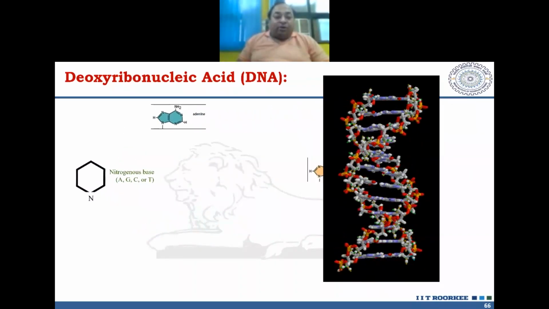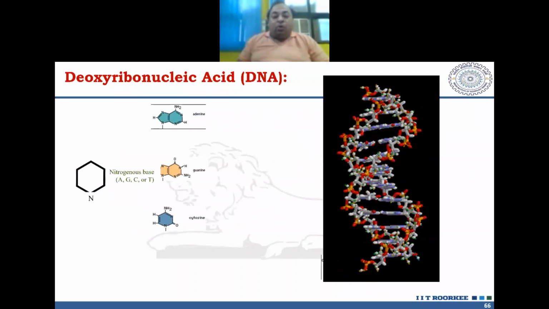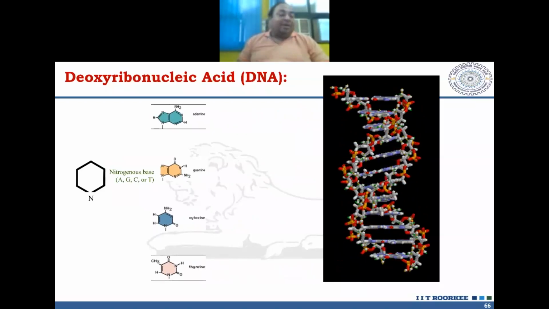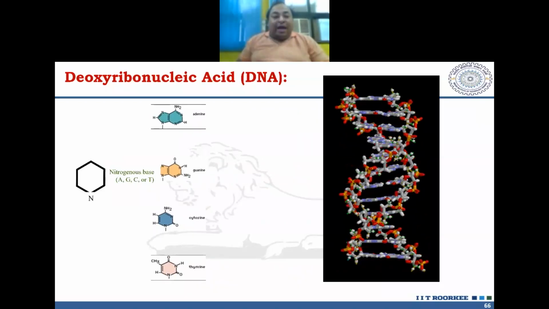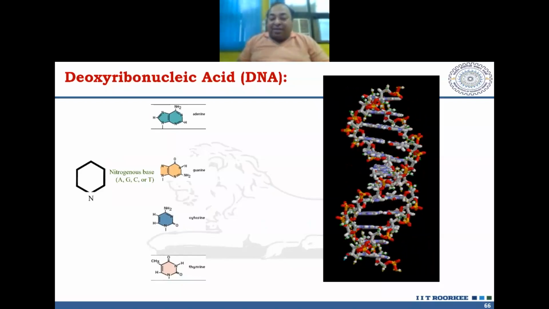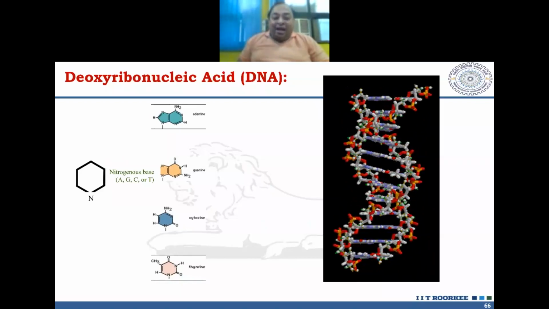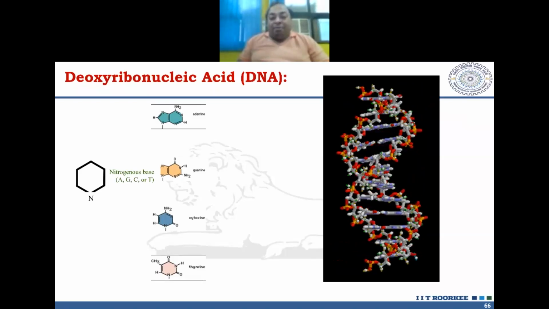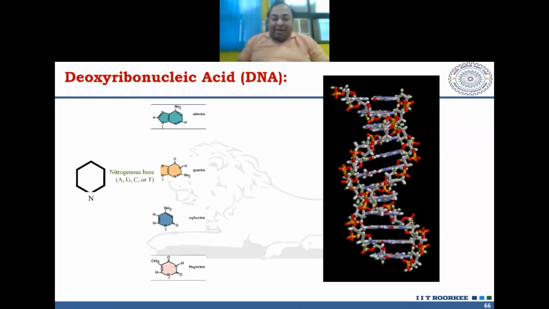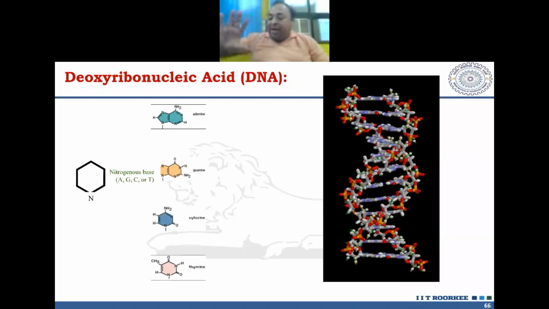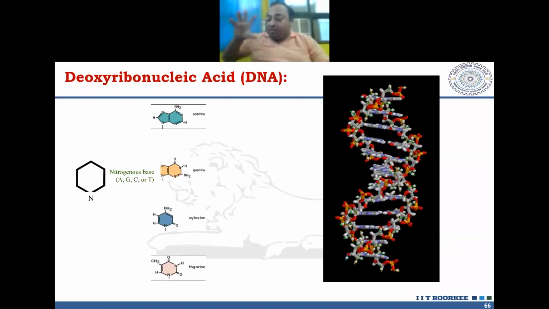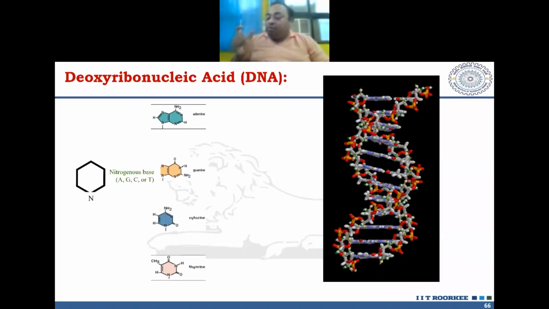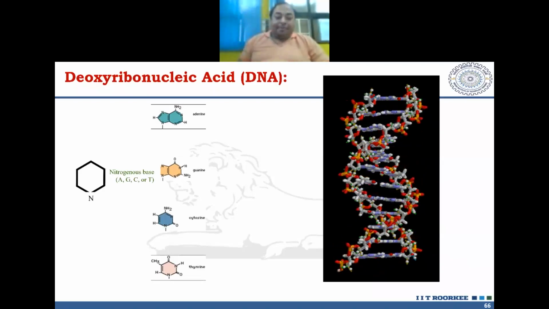There are different nitrogenous bases: adenine, guanine, cytosine, and thymine. And there is uracil for RNA. Adenine and guanine are purines which have a 5-membered ring followed by a 6-membered ring. So there is a 6-membered ring and a 5-membered ring. So it's a bigger structure with a smaller name, purine.